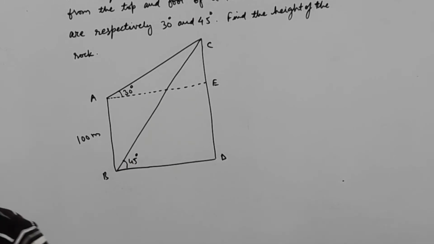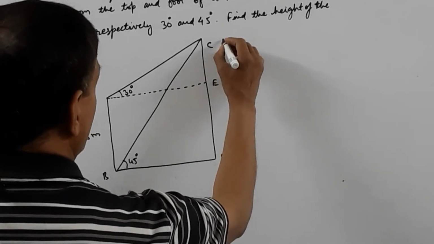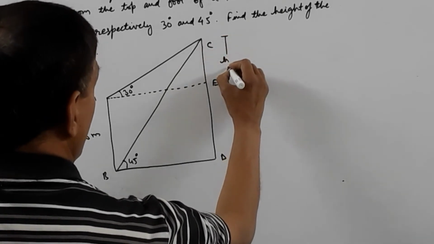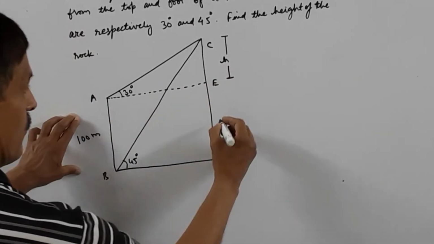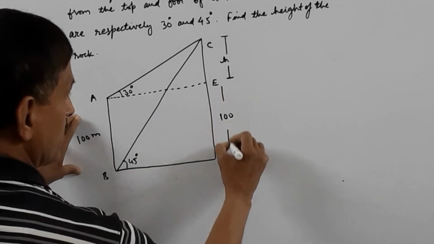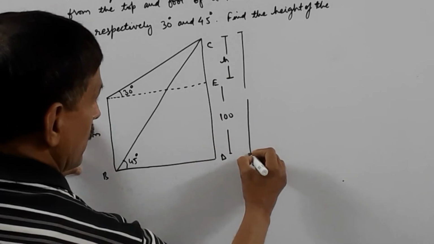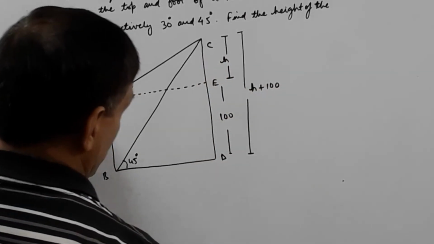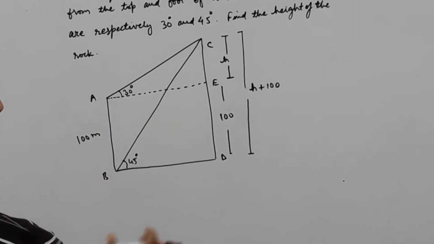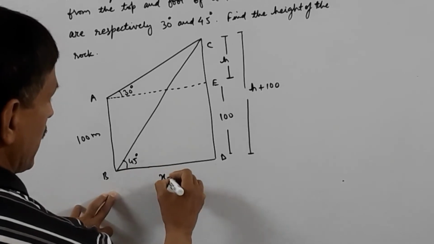We have to calculate the height of the rock. Suppose CE is equal to H and this BD is equal to AB, which is equal to 100. So height of this rock is equal to H plus 100. We consider the distance between the rock and the tower to be x.